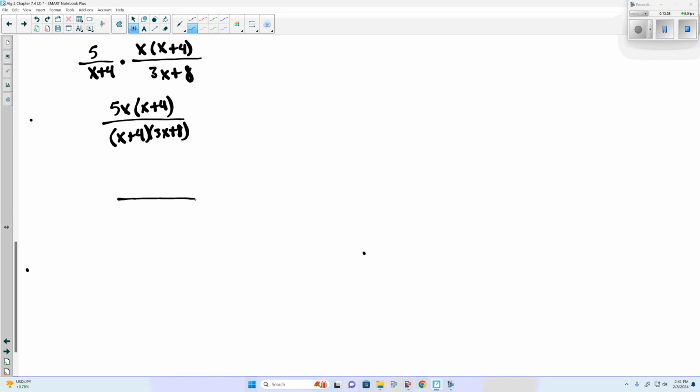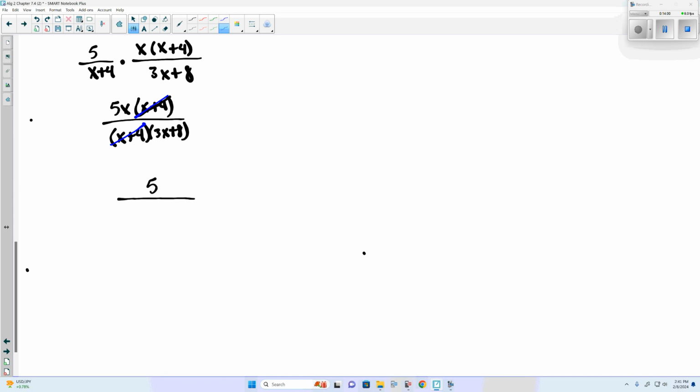Question on how we get to 5x times x plus 4 over x plus 4 times 3x plus 8? Is there anything in common on top and bottom? X plus 4, so we can simplify out our x plus 4 and x plus 4, which leaves what on top?